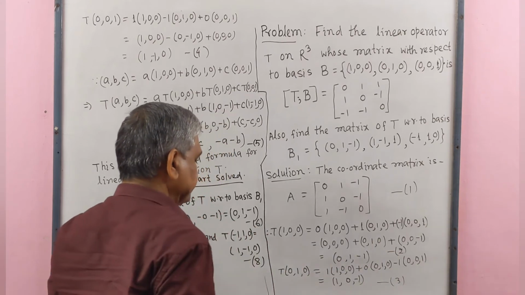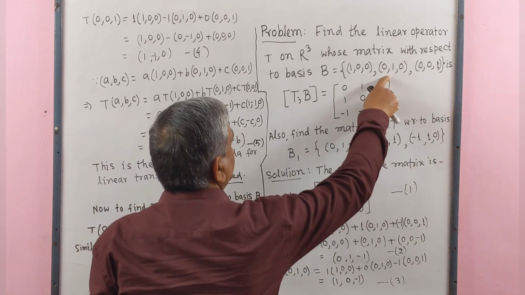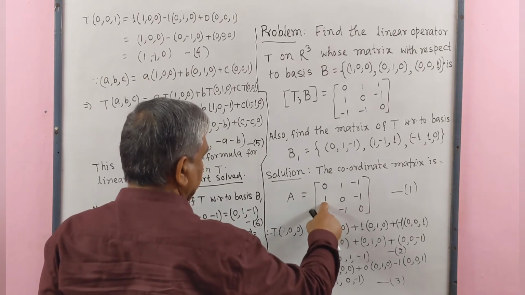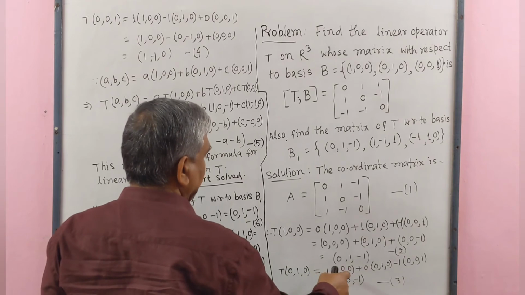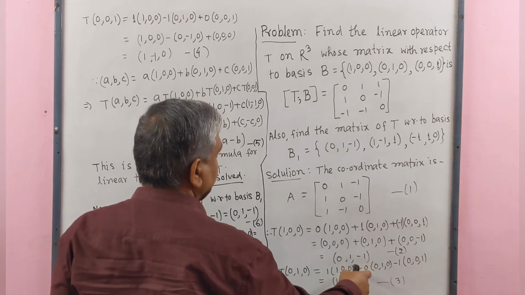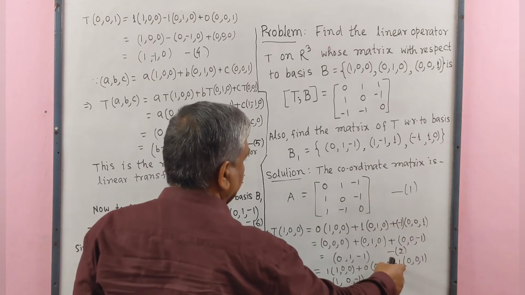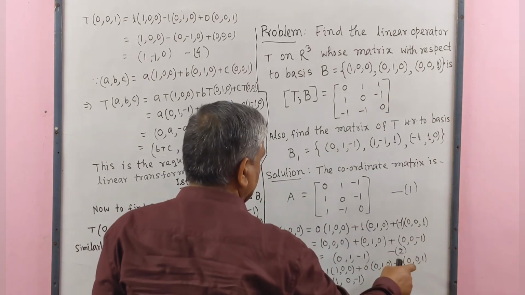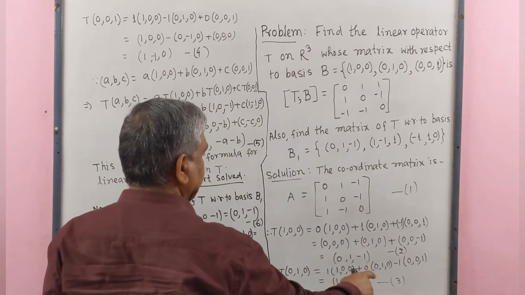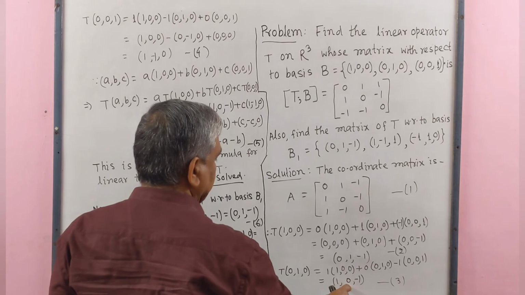This is number 2. Now the linear transformation of the second element of B. In the second row, the coordinate is 1 times the first element of B, plus the coordinate 0 times the second element of B, plus the coordinate minus 1 times the third element of B, and after calculation we get the ordered triplet (1, 0, minus 1).